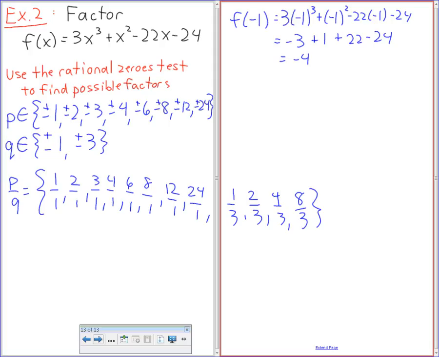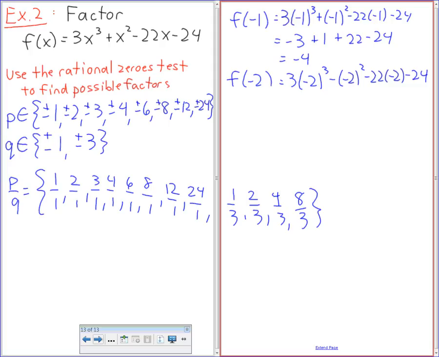So using my note, I can magically see, wow, let's try f of -2 next. Okay? So we're going to say that's equal to 3 times -2 cubed minus -2 squared minus 22 times -2 minus 24.